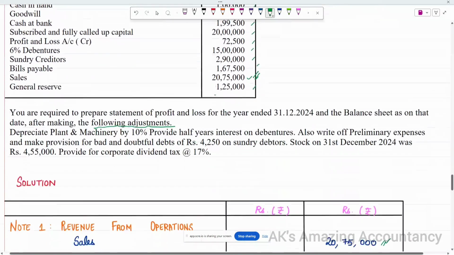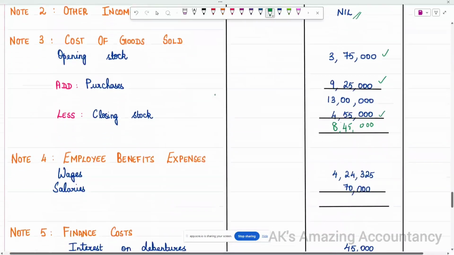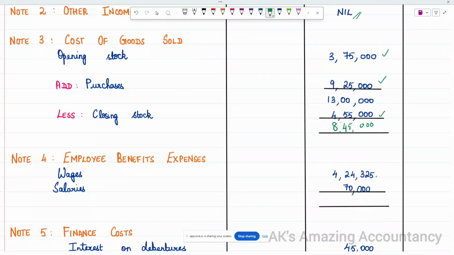So these two items will be entering under note 4, employee benefit expenses. Wages 4,24,325 and salaries 70,000. So let us add these two amounts together. 4,94,325. This will be the total of note 4.